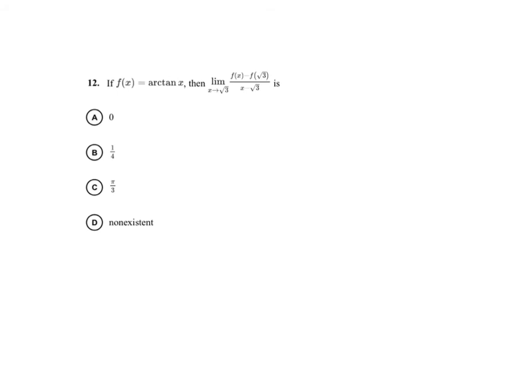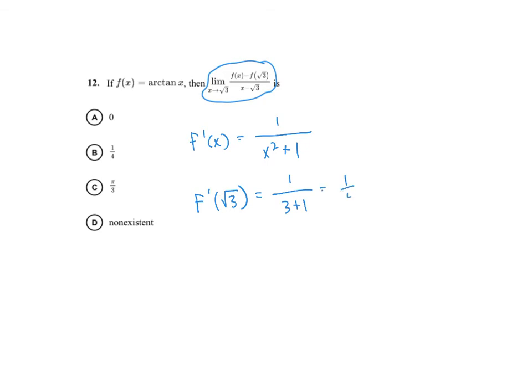Actually, I'm going to write this a different way. f prime of x is just 1 over x squared plus 1. Then we realize that all this is asking for is the derivative at root 3. Root 3 squared is just 3, plus 1, and that's 1/4.